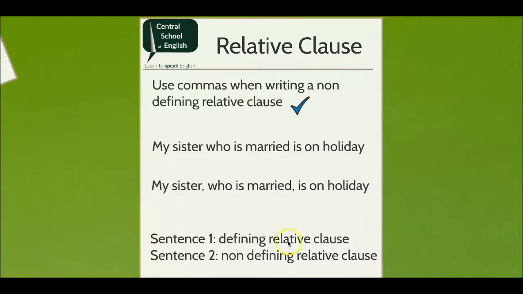The first sentence is a defining relative clause. This sentence does not contain commas. In this sentence, the speaker has more than one sister, and the defining relative clause helps to define which sister the speaker is referring to.